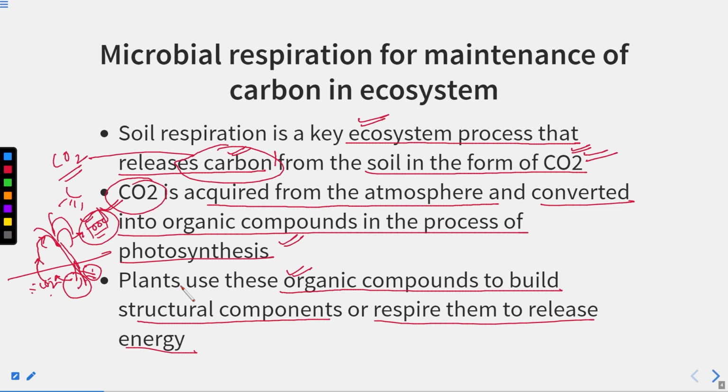So that is also used for making the structural components, and that is again used in the process of respiration by the green plants, and they release energy. So with that energy they do all their physiological activities. So this carbon dioxide that is coming out from the microorganisms is very, very important.